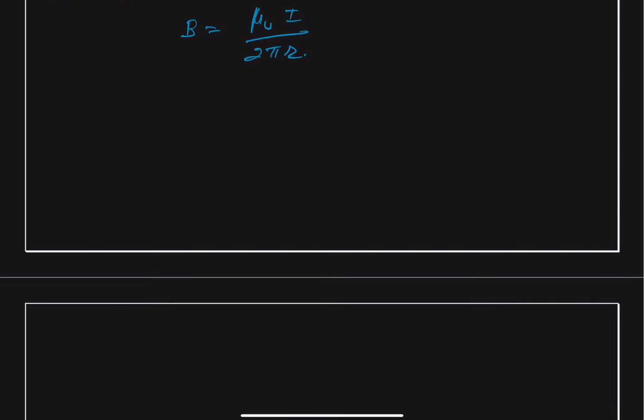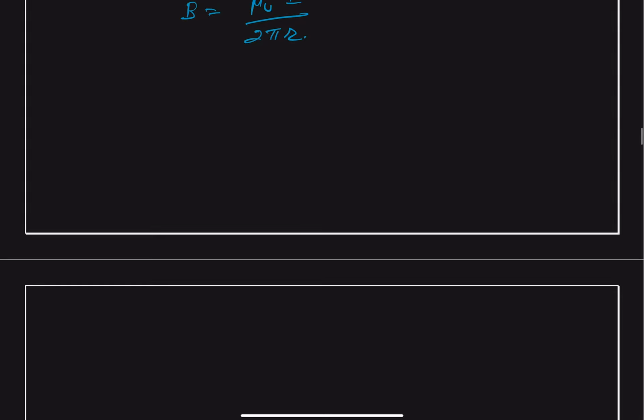So what we do, we consider a small segment, dx, of the loop.